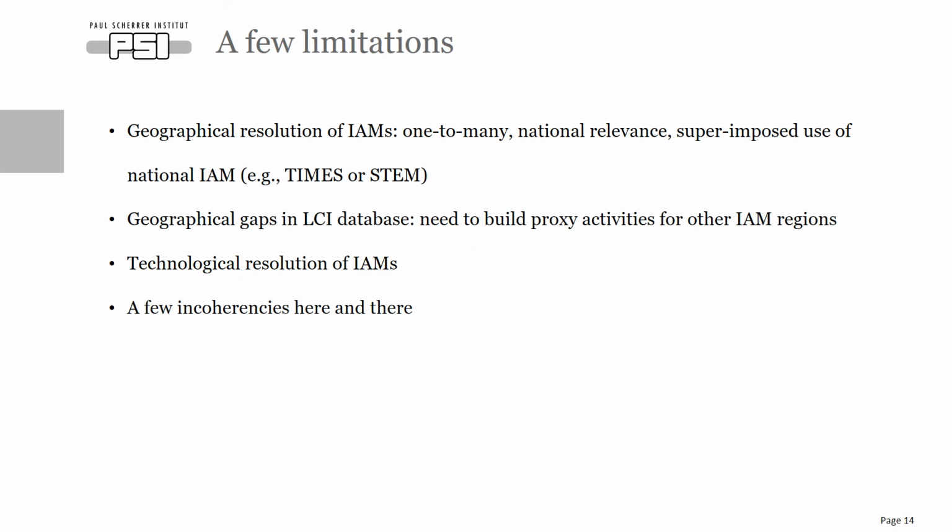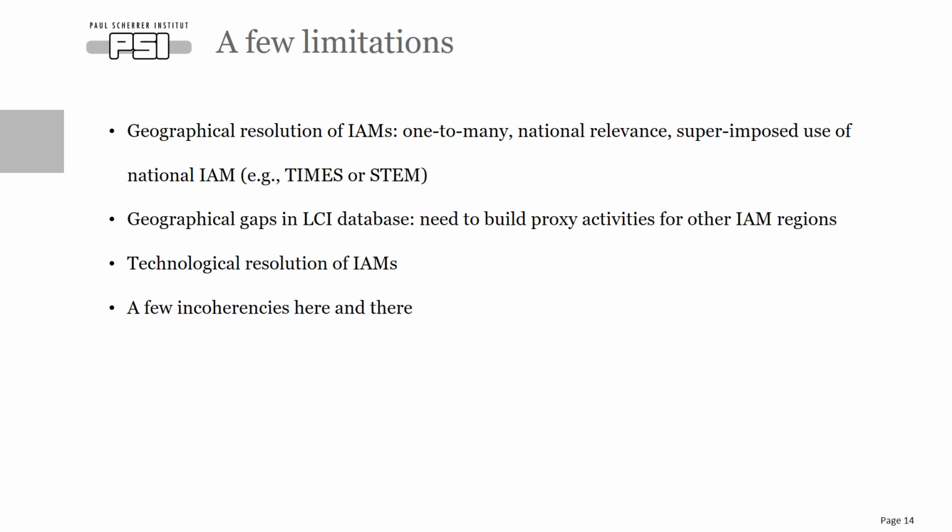There are, though, a few limitations when you try to combine integrated assessment models to life cycle assessment. I do not pretend to list them all, and I might forget some important ones as well. But those that come to mind are maybe the following. We first have a problem at the level of geographical resolution. We have very large and gross regions on the IAM side. Europe would be a region, North America would be another one.